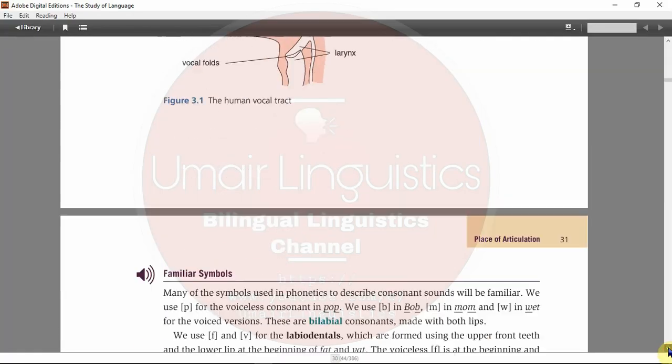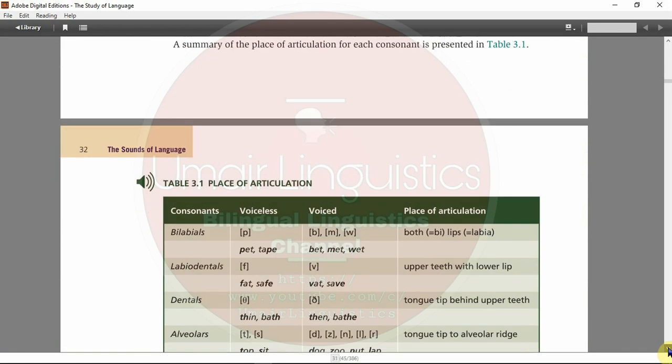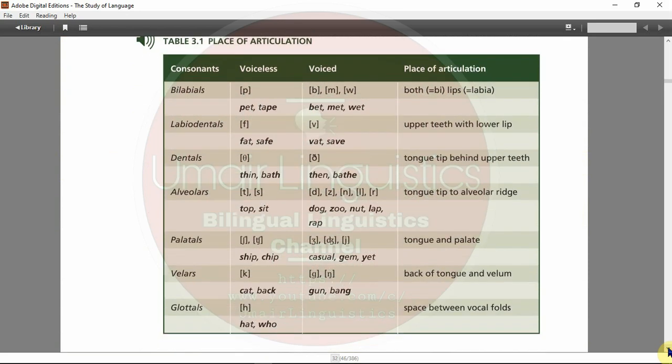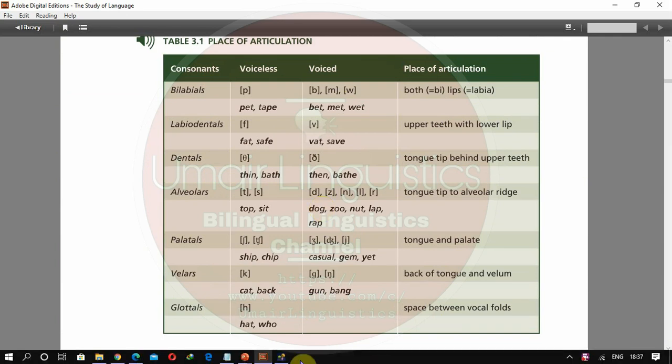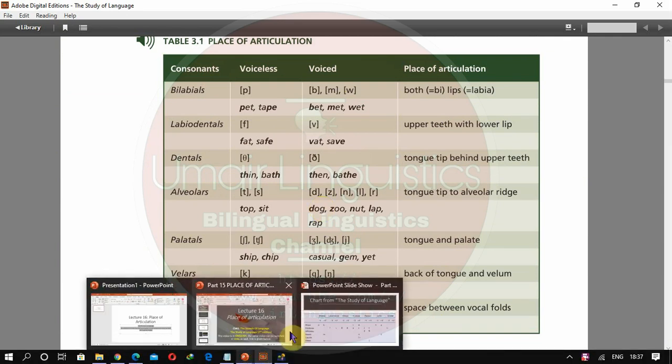If we come down here, you can see this is the list of consonants: bilabial, labiodental, dental, alveolar, palatal, velars and glottals. It also shows their place of articulation, which are voiced and which are voiceless, and their examples as well. You can just stop the video and read this. We have already discussed all about this.